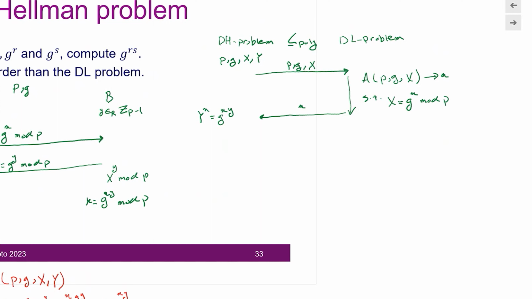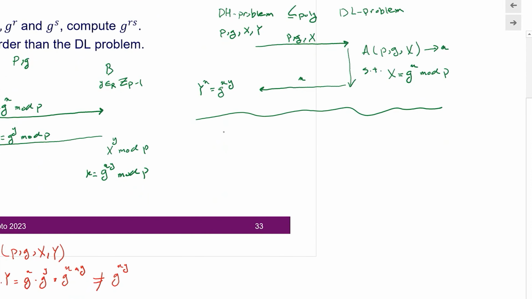Another interesting thing to see over here is how about the other way around? Can we confirm that these two problems are equivalently hard? Can I reduce the discrete logarithm problem in polynomial time to the Diffie-Hellman problem?